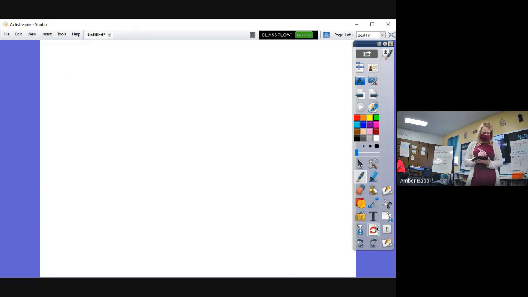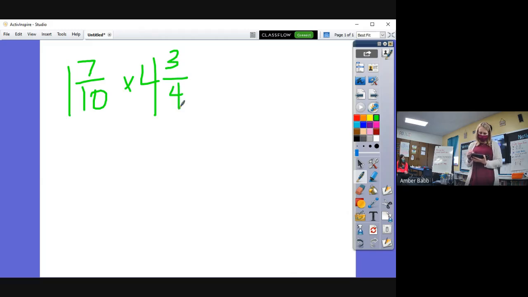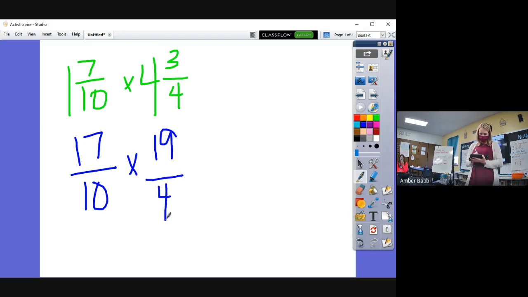This next one's going to be a doozy, I can tell you. Look at 2A. 1 7/10 times 4 3/4. This one's going to get really big. 10 times 1 plus 7 is going to give me 17/10. This one is 4 times 4, 16, plus 3, 19 fourths.